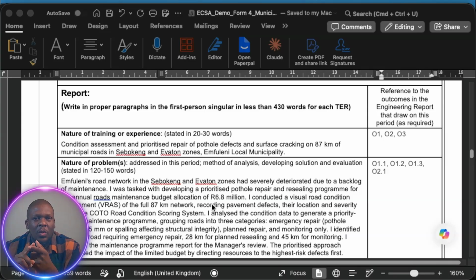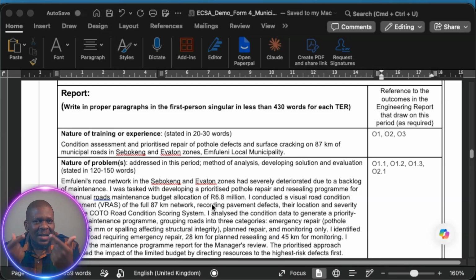Then you also indicate the location. You also indicate the severity of the defect in terms of COLTO. You will use COLTO to be able to score what kind of repairs you need to perform.